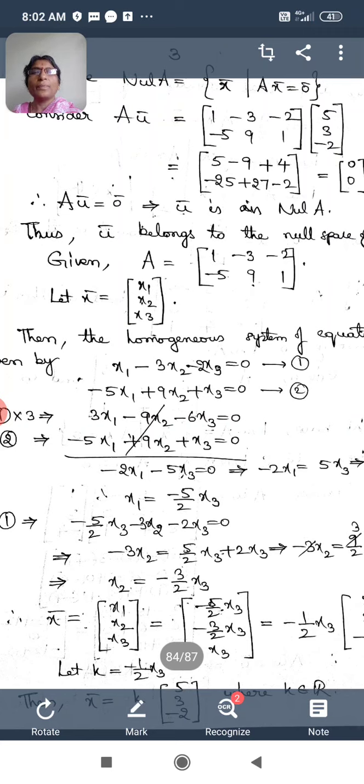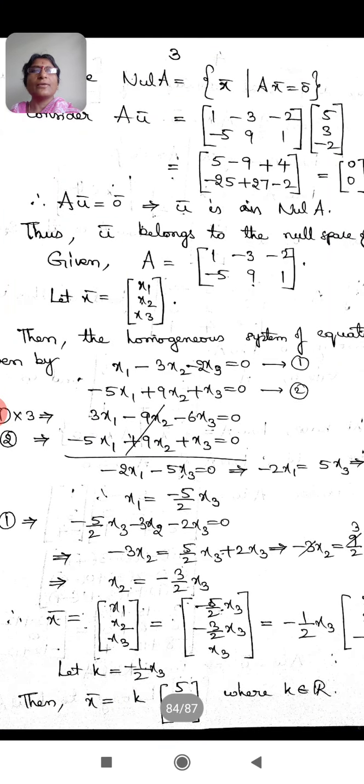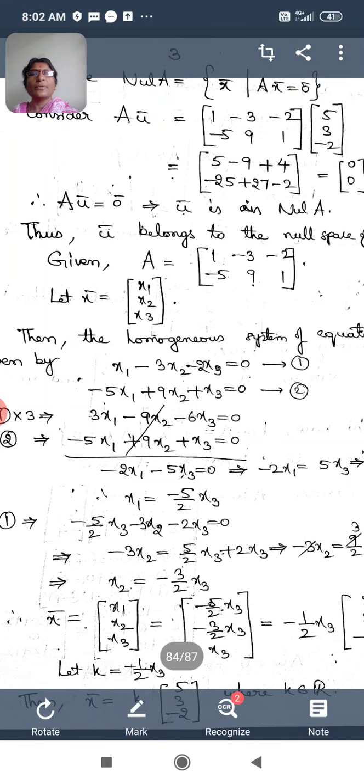To multiply these two matrices, we multiply the first row with the column in the second matrix, and write the sum of the scalar multiples as the first element in the resultant matrix. That is how we get 1 into 5 minus 3 into 3 minus 2 into minus 2. That gives us 5 minus 9 plus 4 as the first element in the resultant matrix.